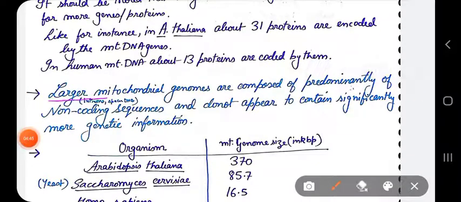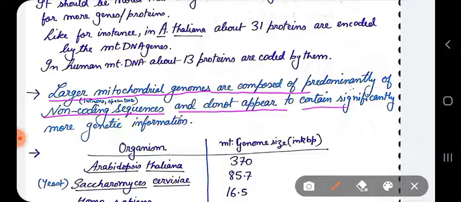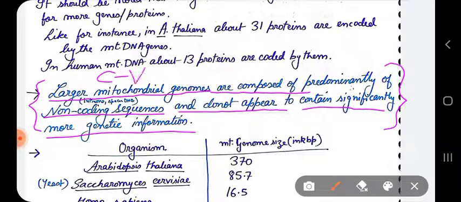Now, the large mitochondrial genomes are composed of non-coding sequences which form the introns, the spacer DNA or linker DNA, and do not appear to contain significantly more genetic information. In earlier days, well, you have learned about the C value paradox. I have discussed it with you.